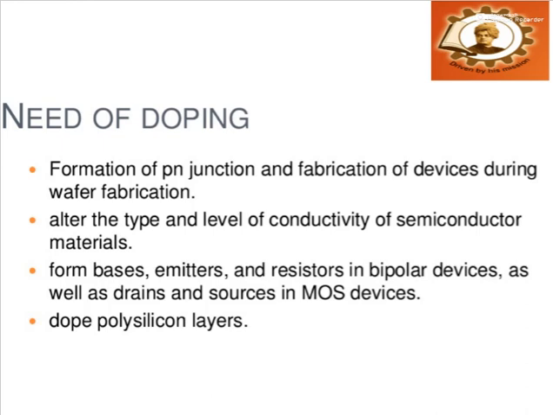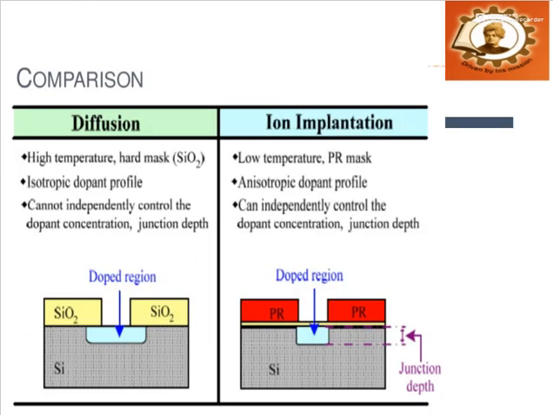This is also used to change the conductivity level of our semiconductor material, and we also form the base, emitter and resistor in bipolar devices, and source and drain in the case of MOS devices. We can dope a polysilicon layer also. So these are the basic needs for our doping process, and doping is divided into two parts. One is called the diffusion process, another technique is called the ion implantation process.